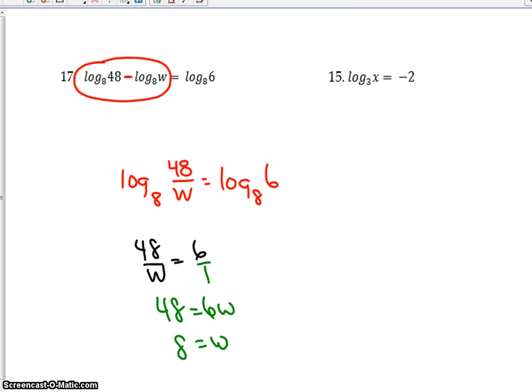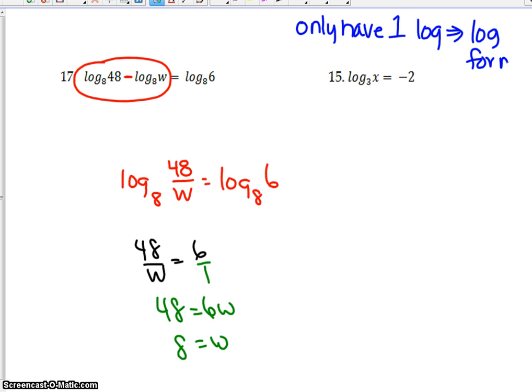Same idea. If I just went in here and crossed off the logarithm on this number 15, I've changed the left side but not the right side. And here's the little hint. If I only have one logarithm, you're in logarithmic form. And if you don't know what to do with that, again, change it to exponential form.